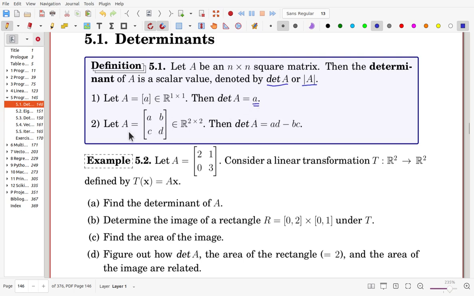If A is a 2 by 2 matrix having 4 entries, a, b, c, d, then the determinant of A is ad minus bc.